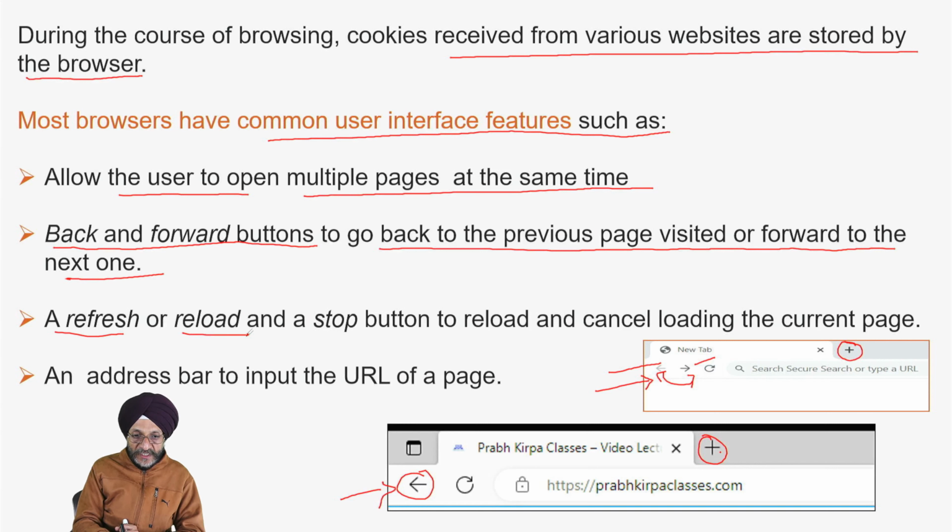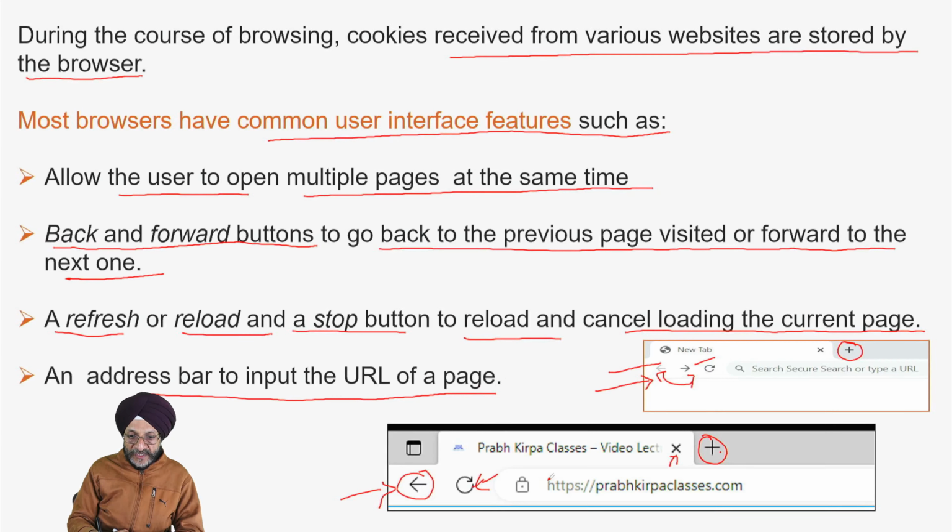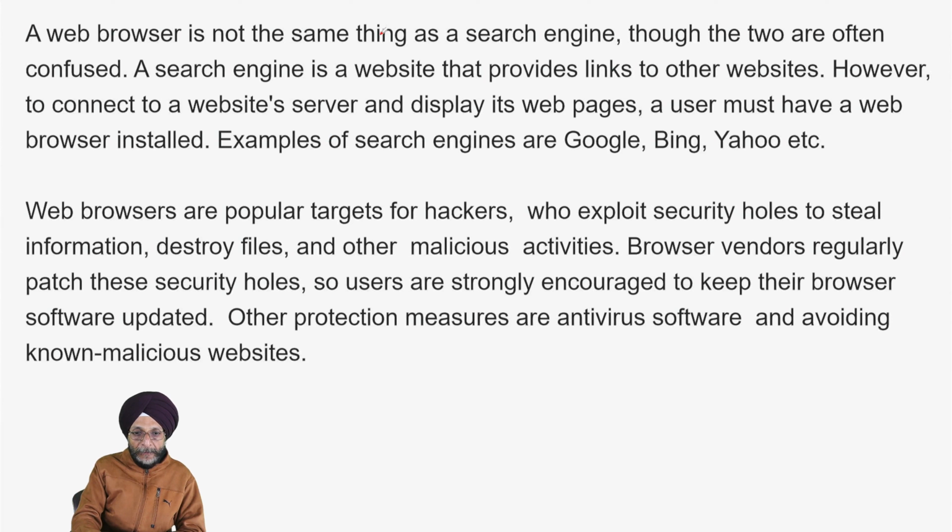Now there is another button which is called a refresh button. You can see here that this is the refresh button and this is the stop button to reload or cancel the loading of the current page. An address bar is there to input the URL of a page. You can see here that this bar is the address bar.